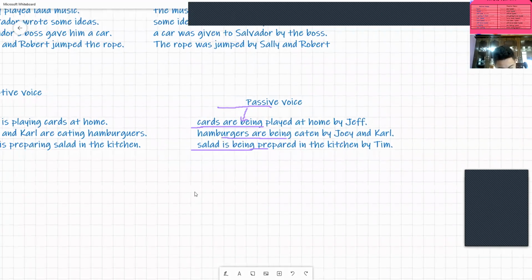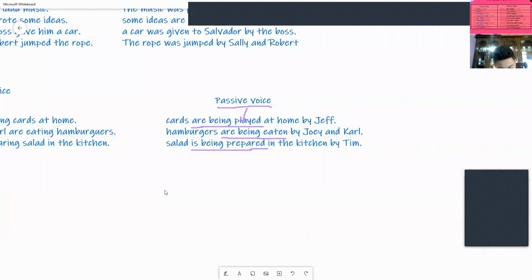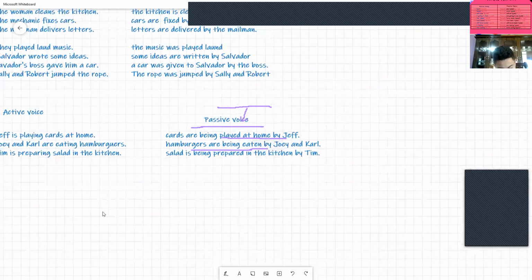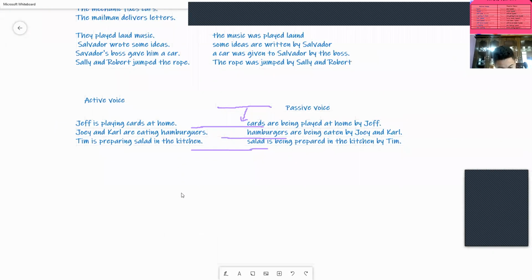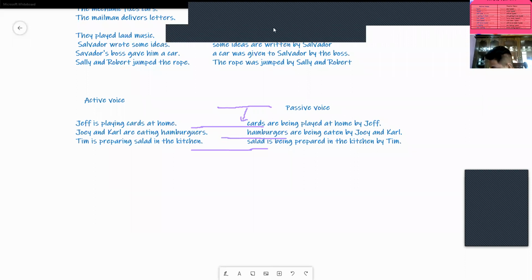Let me move this. Let me organize this because it moves when I clean up this mess. Let me just reorganize the information. Okay.